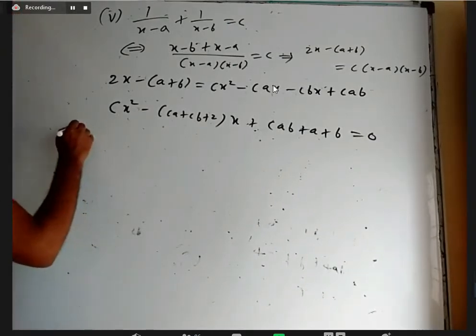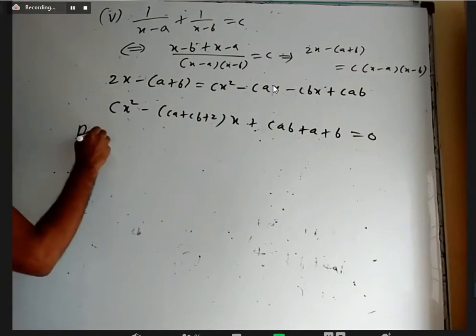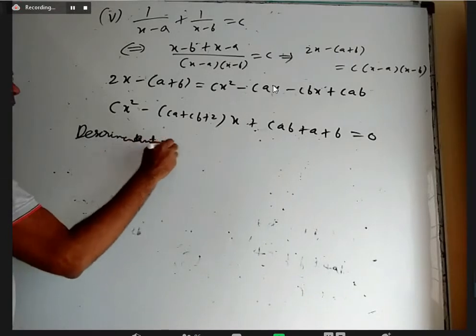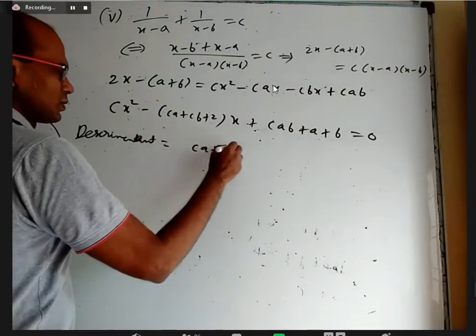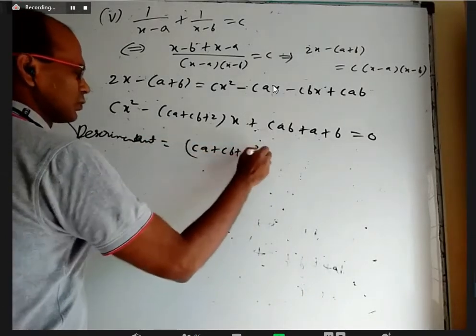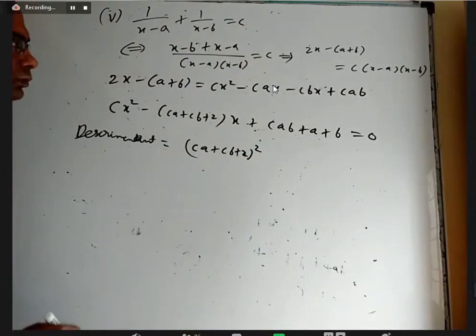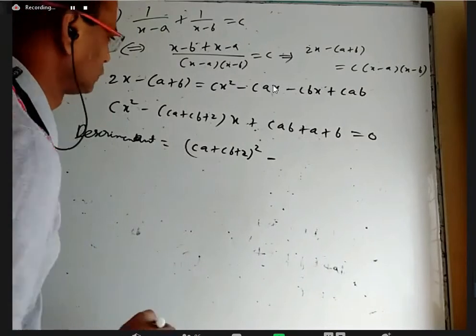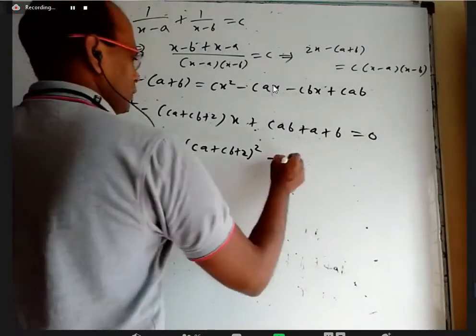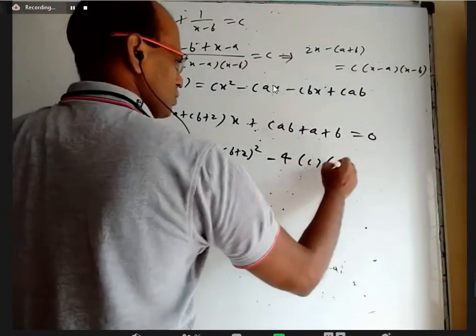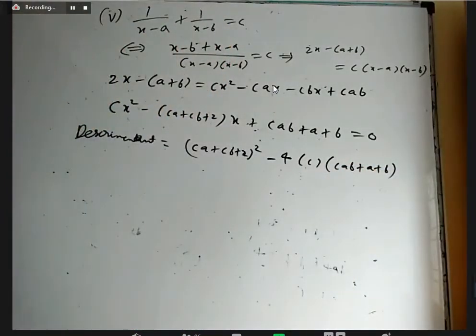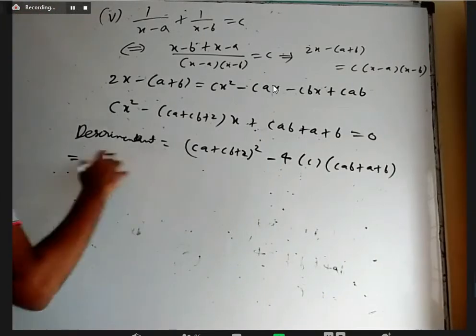Okay. CA plus CB plus 2 whole square minus 4 into C into CAB plus A plus B. I just want to expand the whole thing.